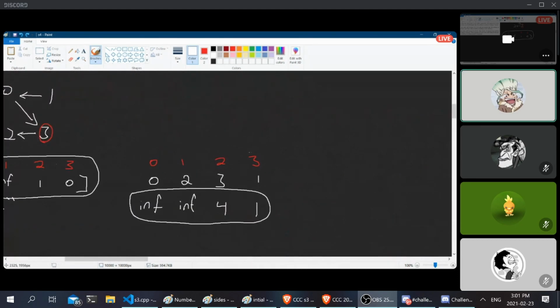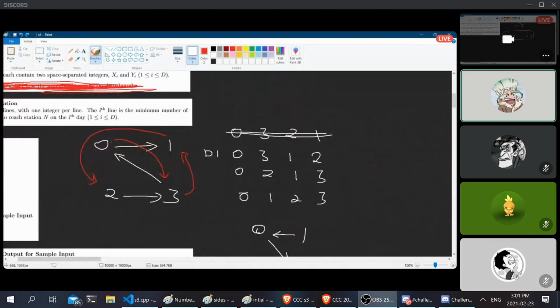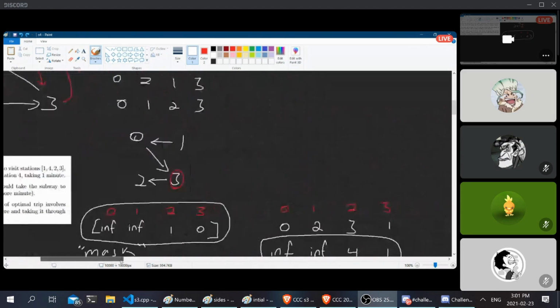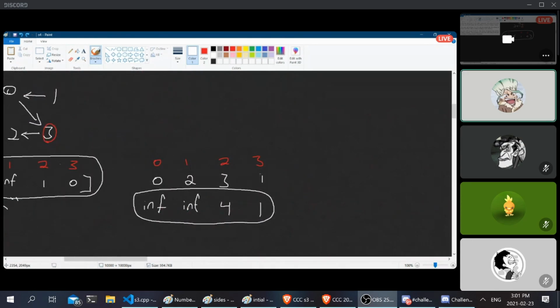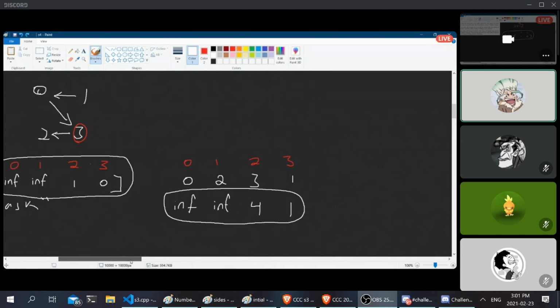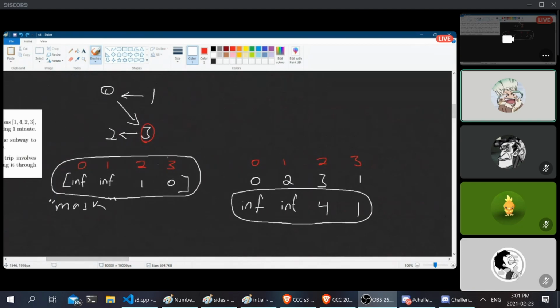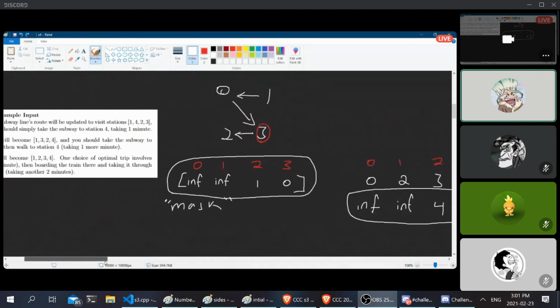And then same deal with 3 here. On the subway route, the subway goes directly to 3, so it takes 1 step to get from station 0 to station 3, and it takes 0 steps to get from station 3 to station 3 using walkways. So basically, once we have this array, we just need to find the minimum, and then we get our answer for that day.